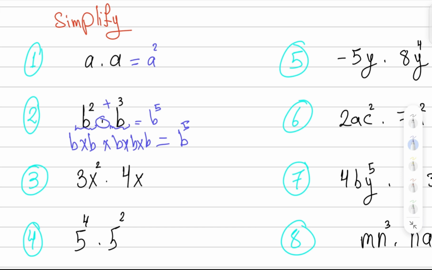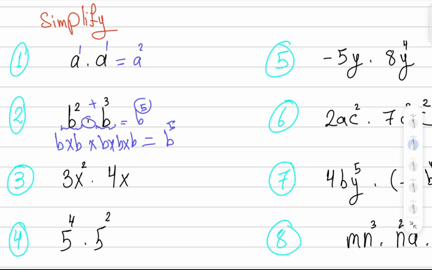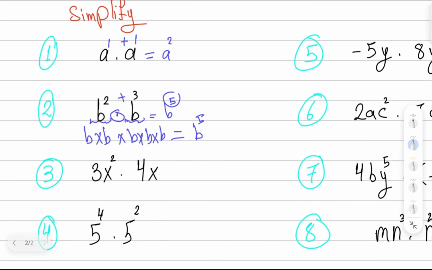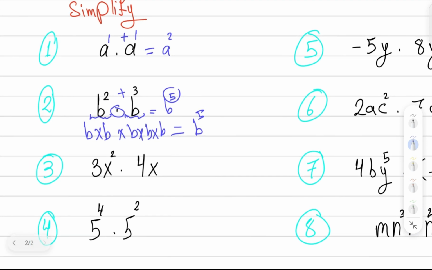So 2 plus 3 is equal to 5. Also in the first example, the exponent here is 1 and also here is 1. We have multiplication and the bases are similar, so we're going to add the exponents. 1 plus 1 is equal to 2. Let's try to do that in the next questions.